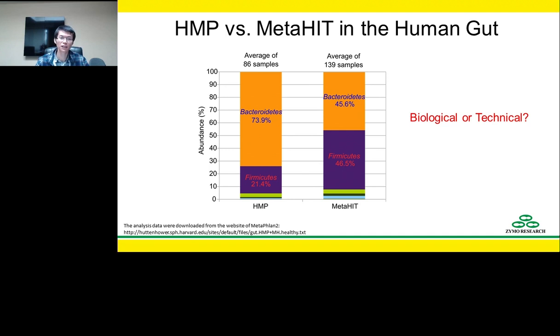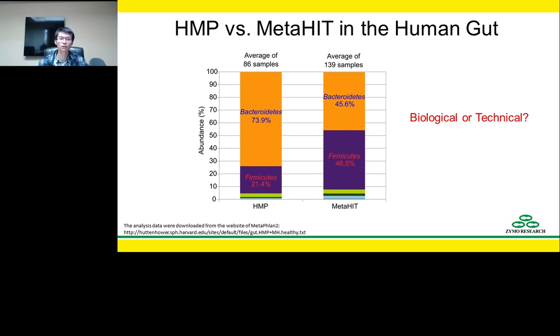The second example is even more striking. The Human Microbiome Project and the MetaHIT project are the two biggest projects that have ever been conducted to profile the human gut. However, their interpretations of the human gut microbiome are quite different.